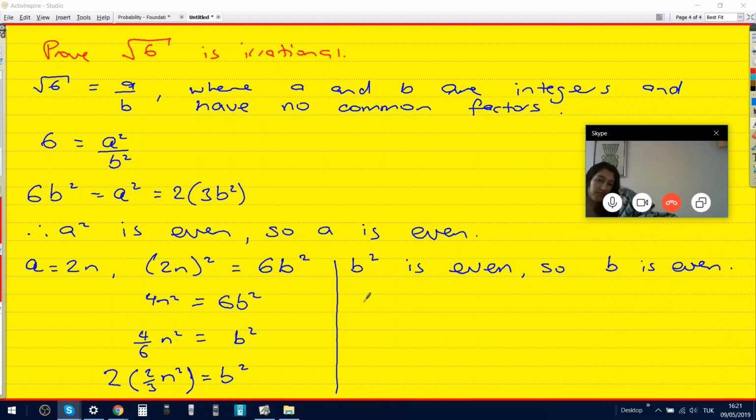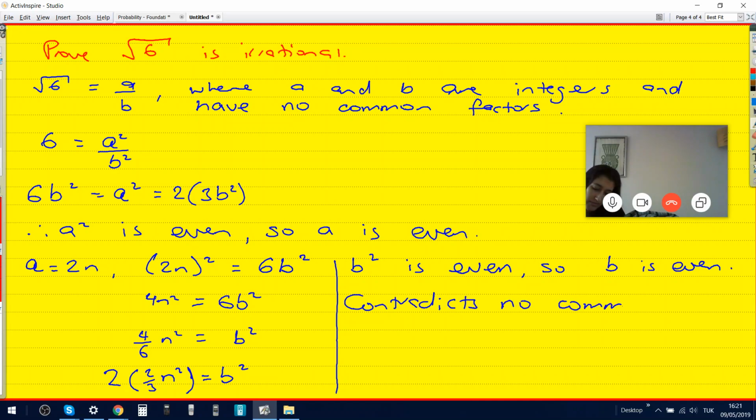What's the significance of that? That contradicts that a over b is fully simplified, because it can be divided by the both factors of 2. Therefore, it's a rational number.